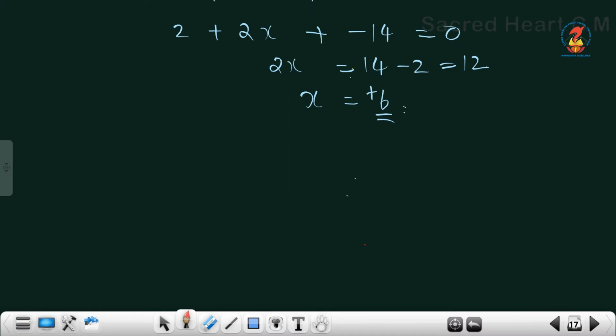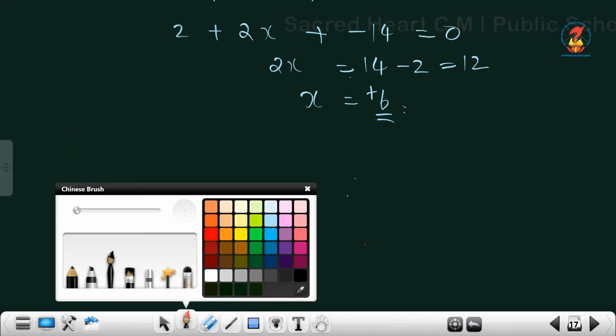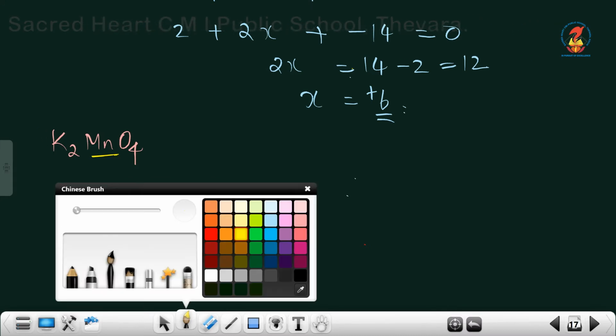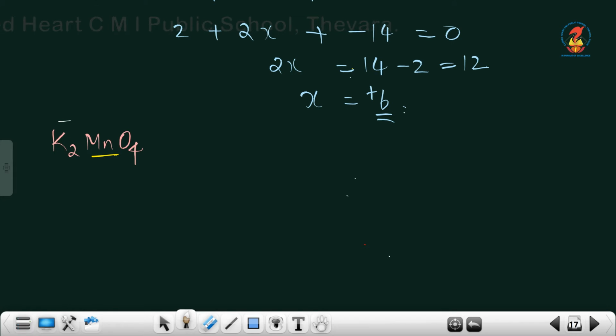Now the next one is K2MnO4 and the underlined element is manganese. How can we find it? We know potassium is a group 1 element, so it is plus 1. Oxygen is always minus 2 except in peroxides.